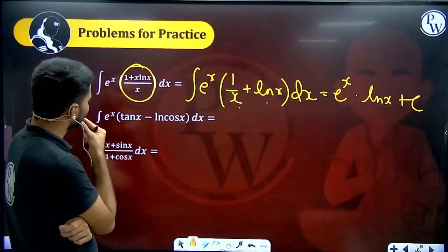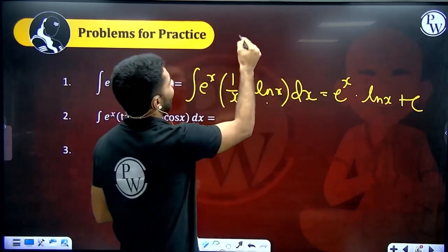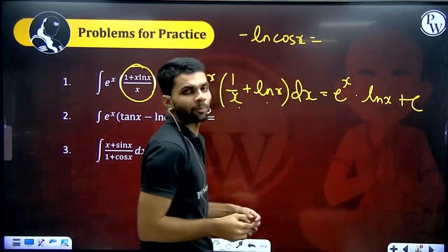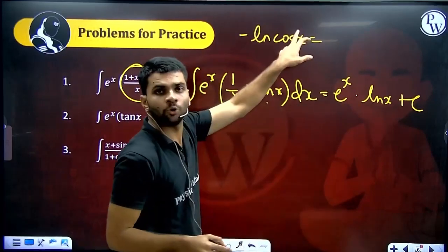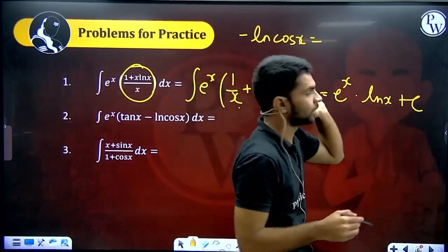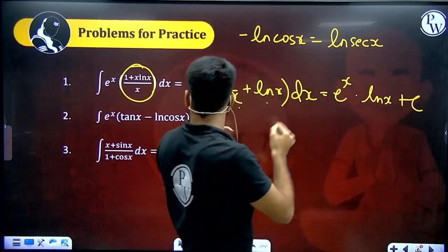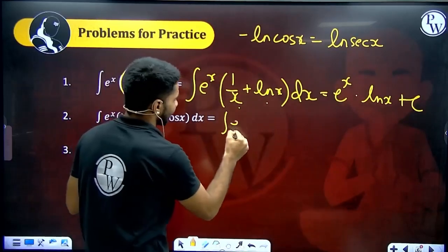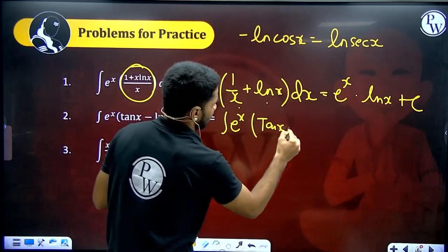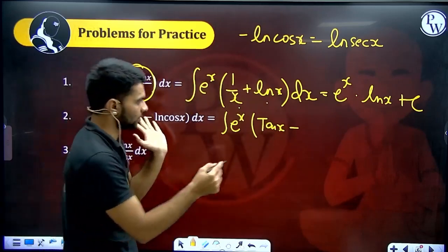Okay, so what we'll do, can we write minus ln cos x, use the property of log, minus 1 will go in exponent, so it will be ln cos x to the power minus 1, that means ln sec x. So it is e to the power x tan x minus tan x, okay, plus ln sec x.